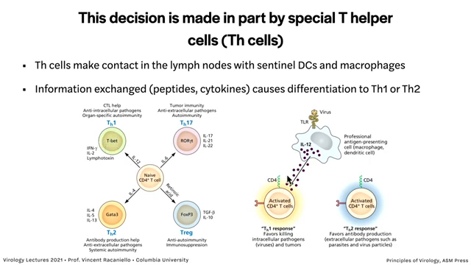And here on the right is an example of an APC, which is detecting a particular virus and is producing IL-12, which in the lymph node will cause differentiation to Th1 cells, which are the ones that are going to lyse virus-infected cells.